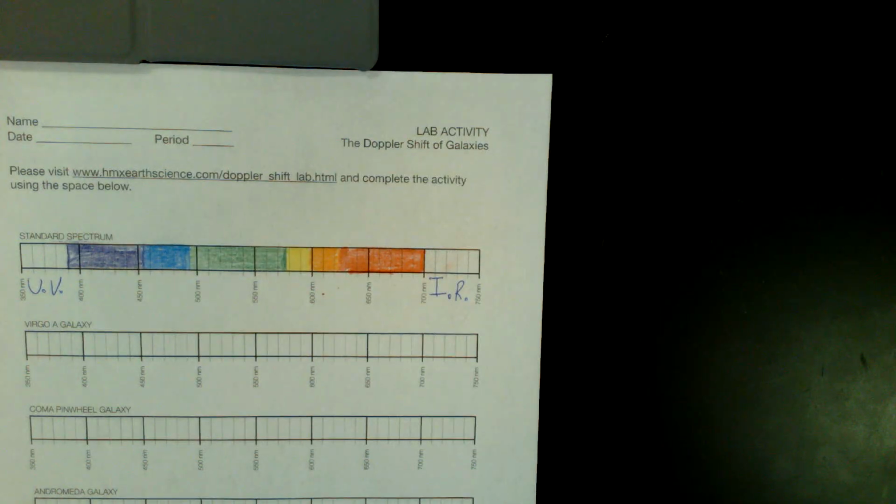Alright. Now, the last part I'm going to do for you is it gives me a whole bunch of numbers. So I'm on the standard spectrum, right? And if I'm looking at my directions, oh, that's upside down.